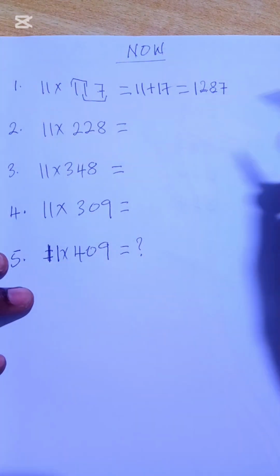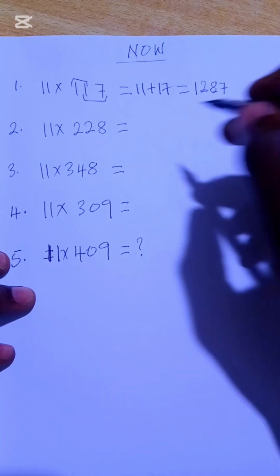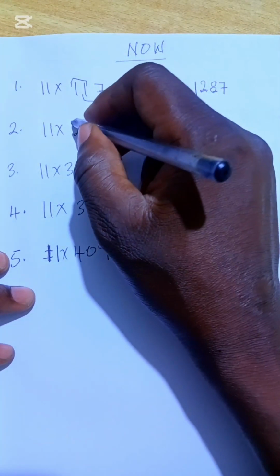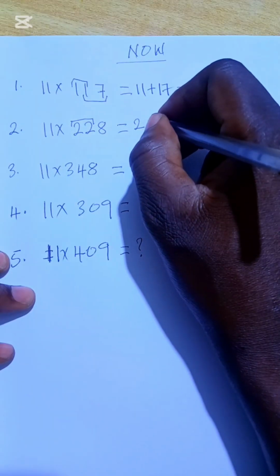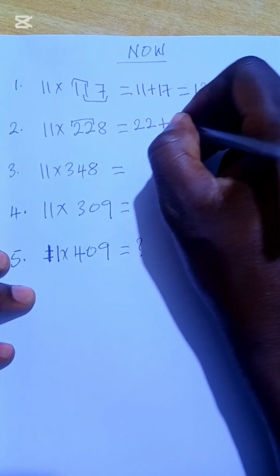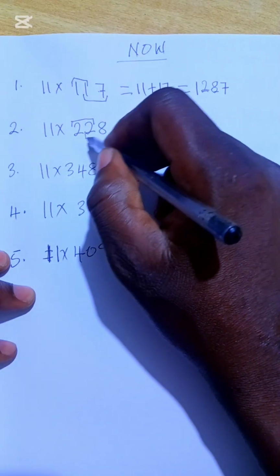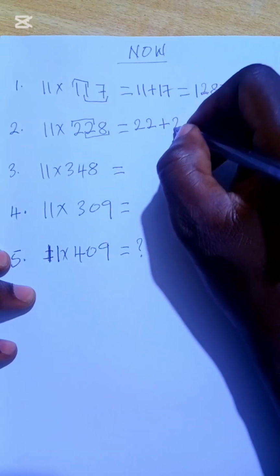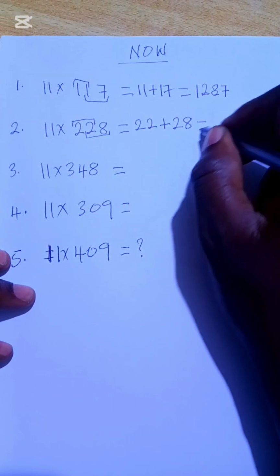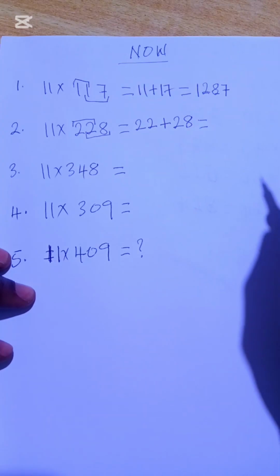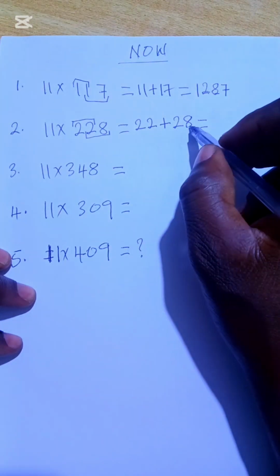Again, let's move to 2. Consider the first two digits, 22, plus add it to the last two digits, 28. Good. Now, when you add 22 to 28, I will get 50.